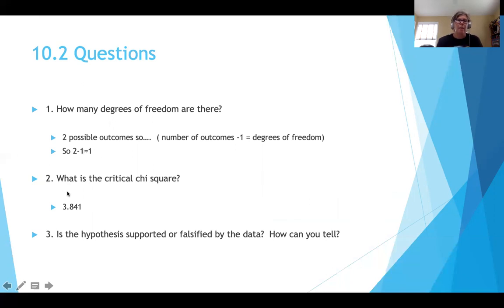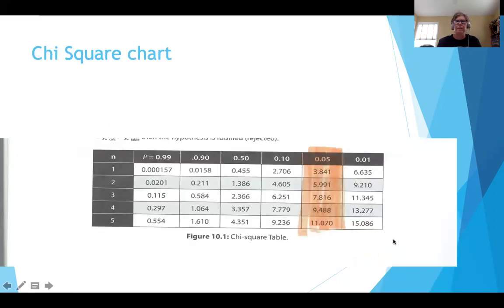So then I'm going to look up what is my critical chi-square value, and that is where I'm going to go to this table right here. So n, that's my degrees of freedom. My n was 1. So I'm going to go over to my 0.05, and so that means right here, my allowable chi-square is 3.841.